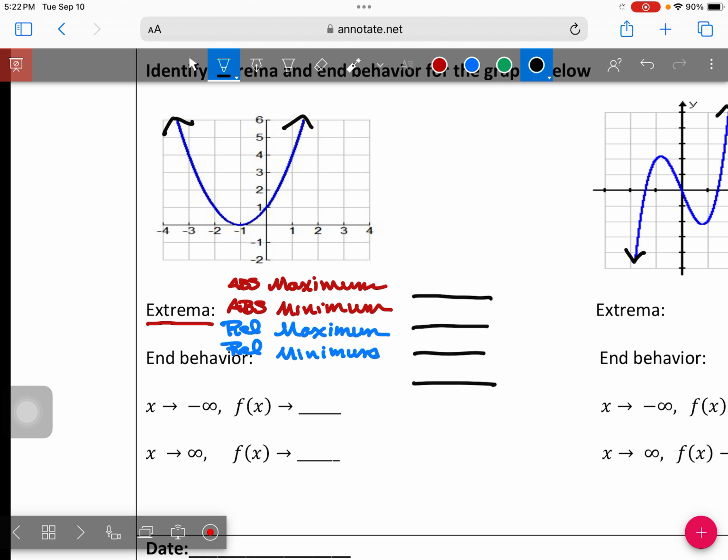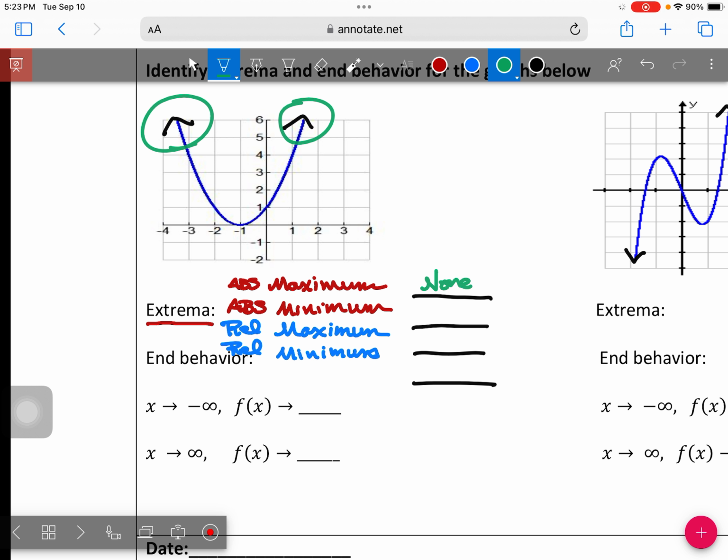The absolute means it's the highest, and maximum, well, absolute means it's the est. It could be the lowest or the highest, but since it's absolute maximum, I'm talking about the highest point. As I look here, I don't have any highest points because those arrows tell me we keep going up. So there's none here.